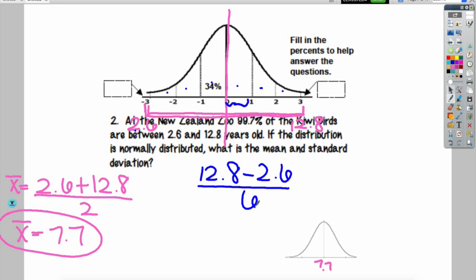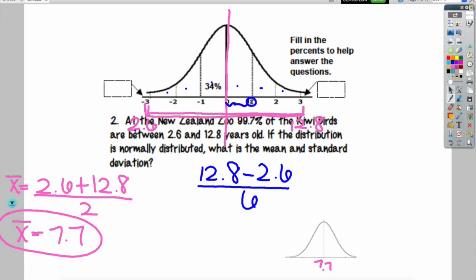What do you mean they're all different sizes? Realize that these numbers represent the ages of these kiwis.